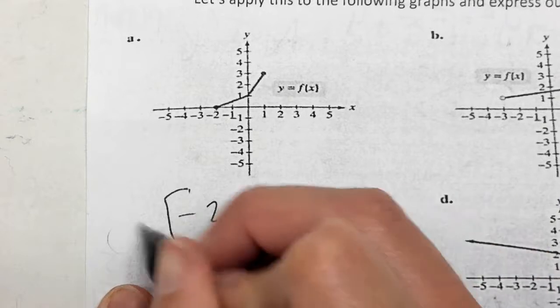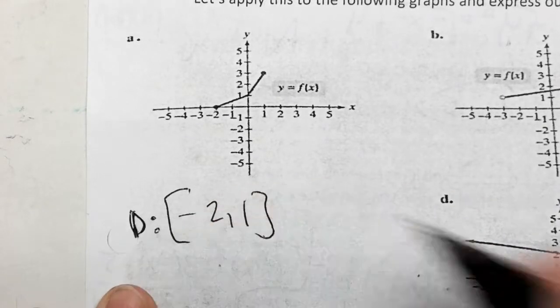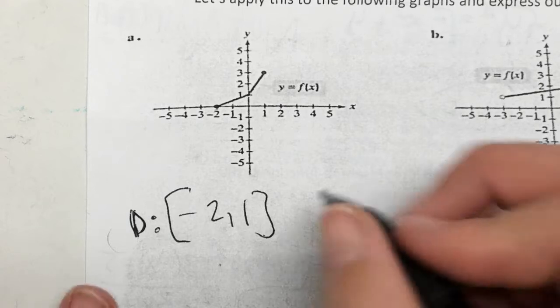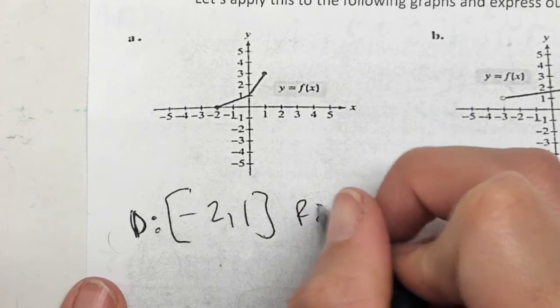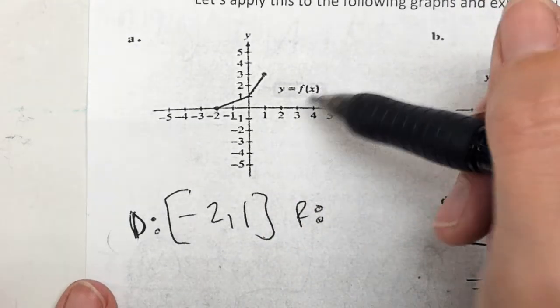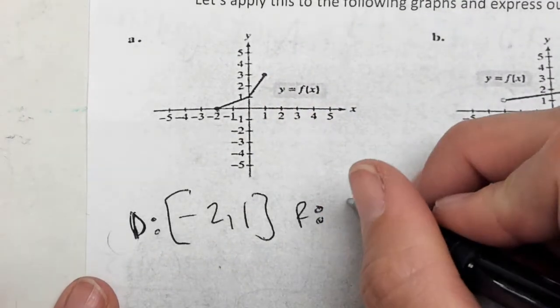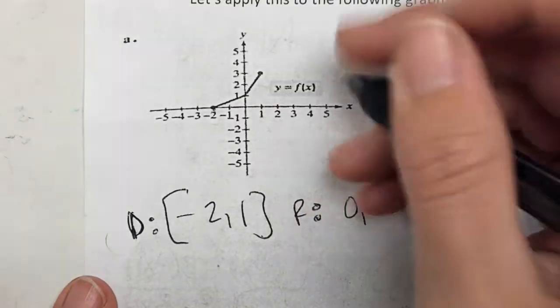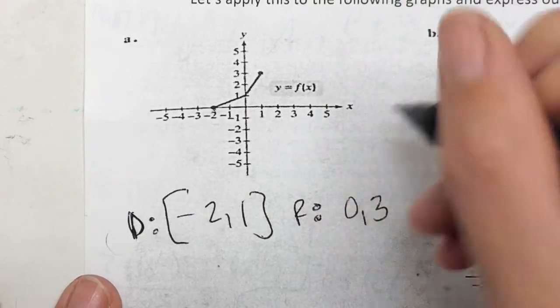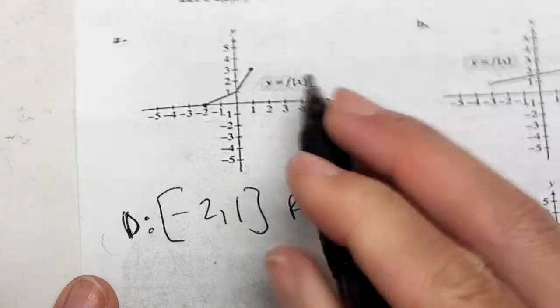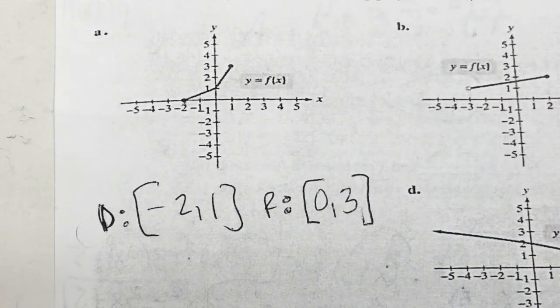Brackets, and that is your domain, because it's talking about your X values. What about the range? For your range, start with how low does this graph go? 0. Good. That's the lowest point. And the highest point? 3. Open or closed? Closed, because they're closed endpoints. That's it.